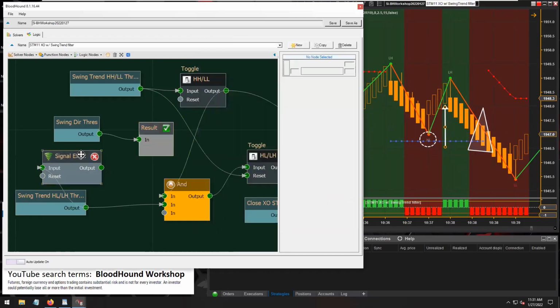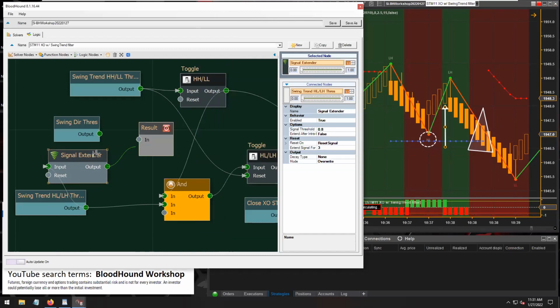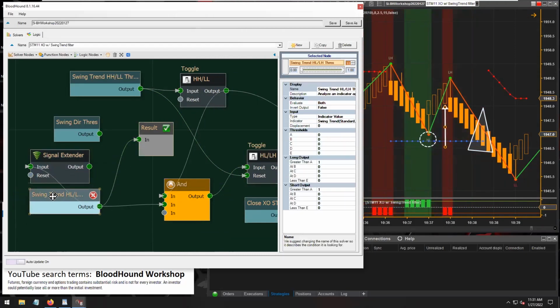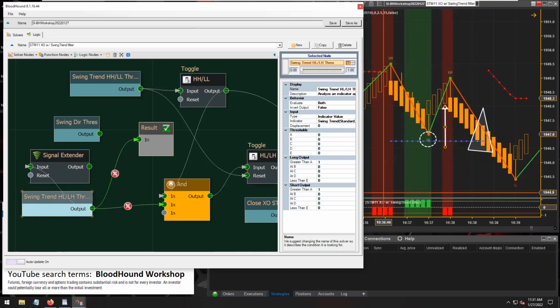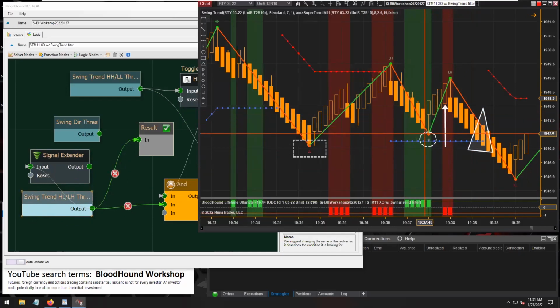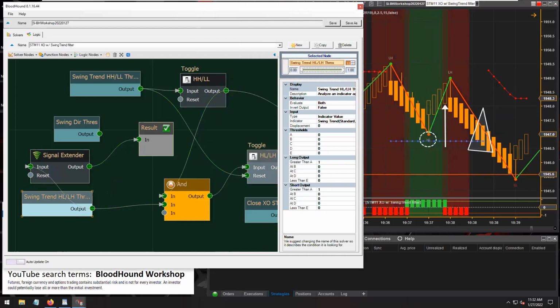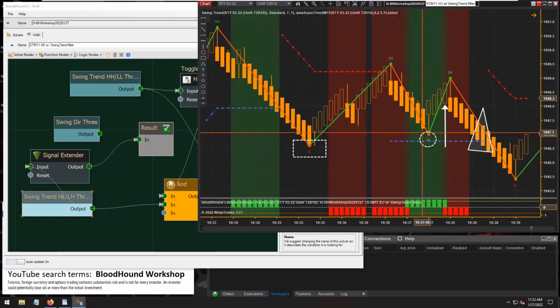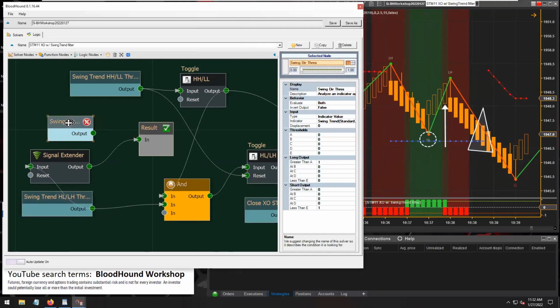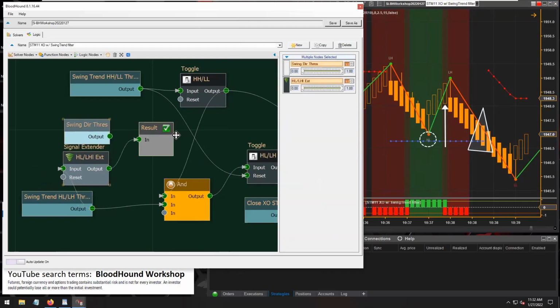But what we want is this signal extender. So let's back up here. We're taking our higher lows and lower highs. We're taking this long output from the higher low and extending it forward using the signal extender. So there we go. We get the long output and extend it forward.